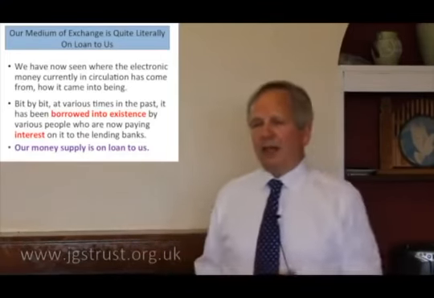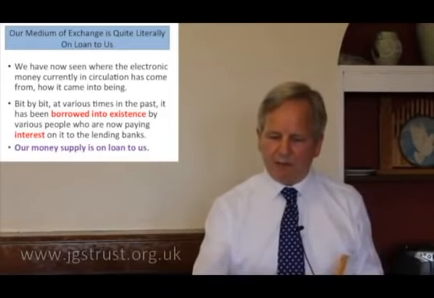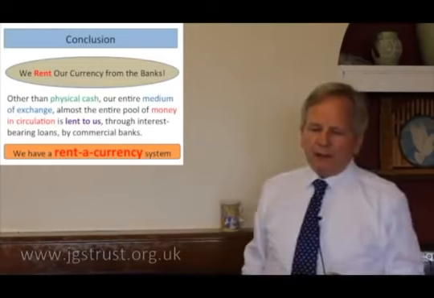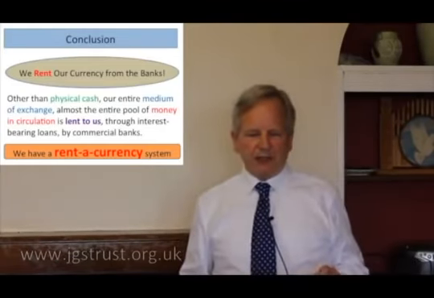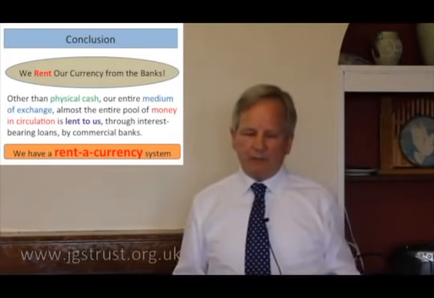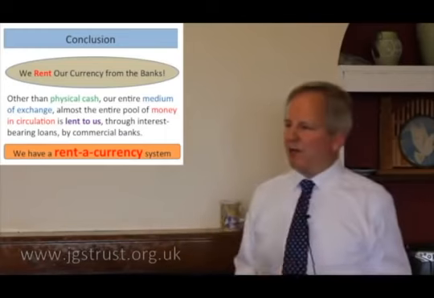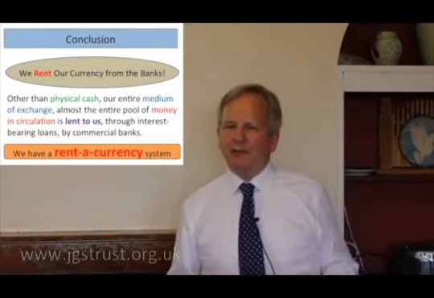It's lent to them by this rather strange banking system. So the conclusion is we actually rent our currency, our medium of exchange, from the banking system, through these interest-bearing loans. And that's weird, isn't it, when you think about it?